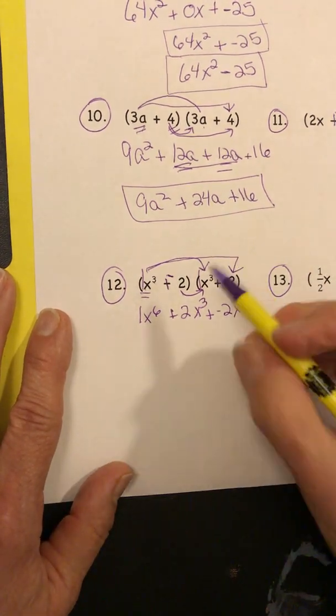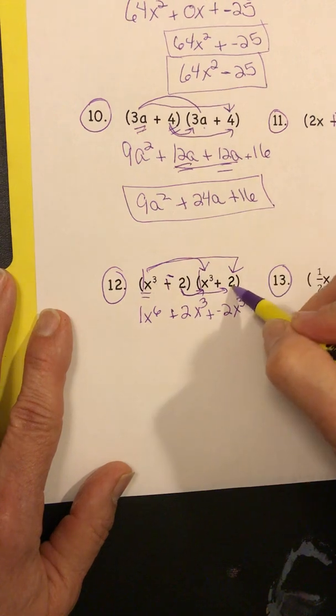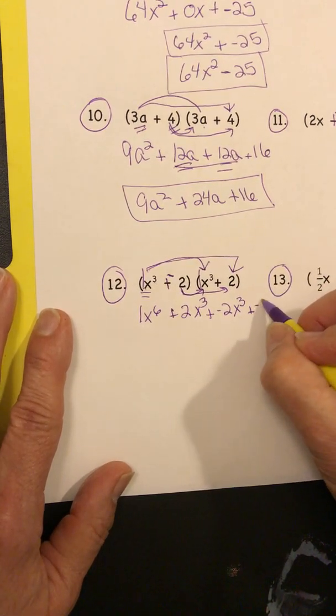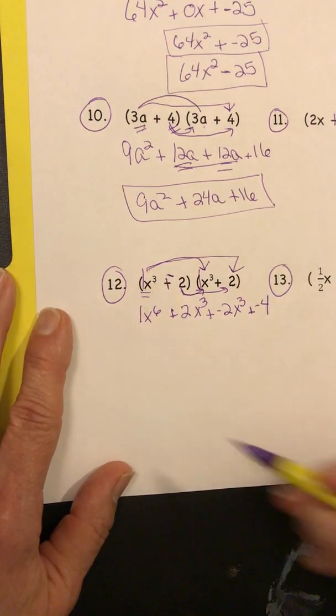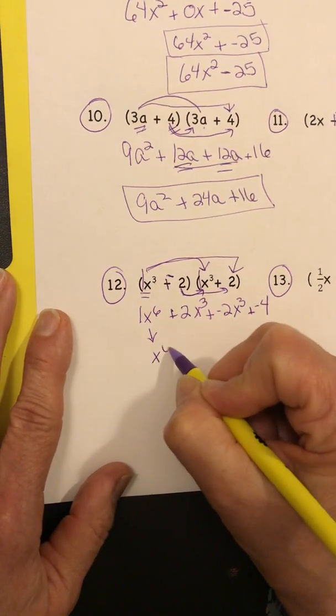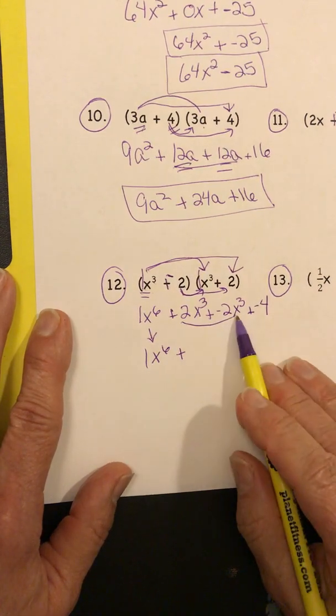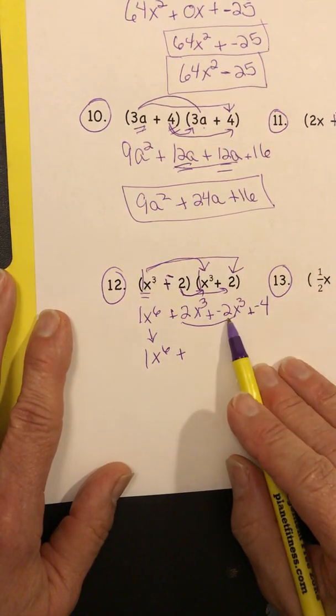Okay, we've got now our second arrow. -2 times +2 is a -4. So we're bringing it down. x to the 6th power plus, we add those two together, and they are 2 plus a -2 is 0.